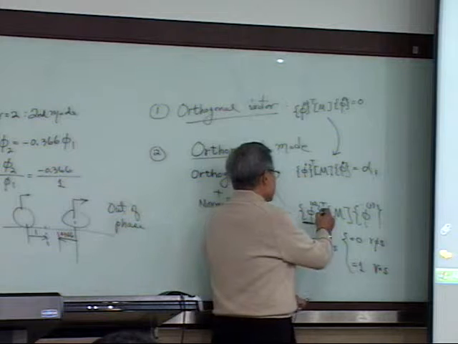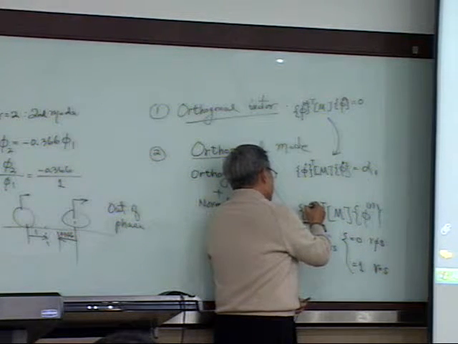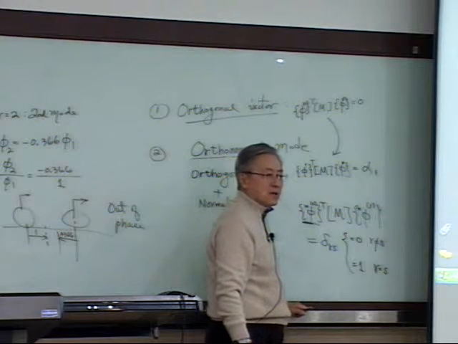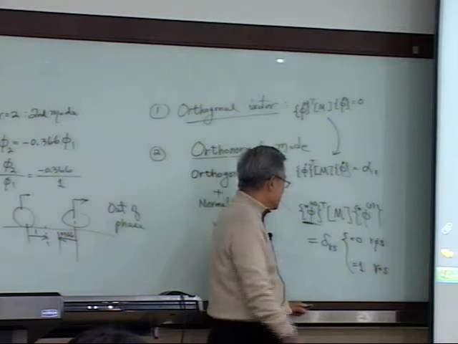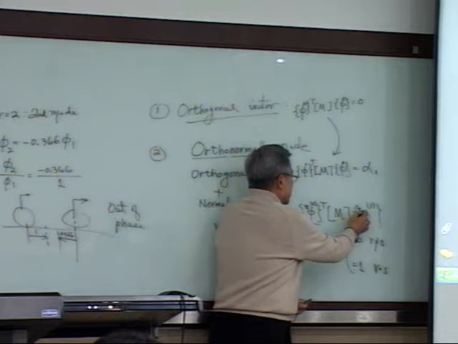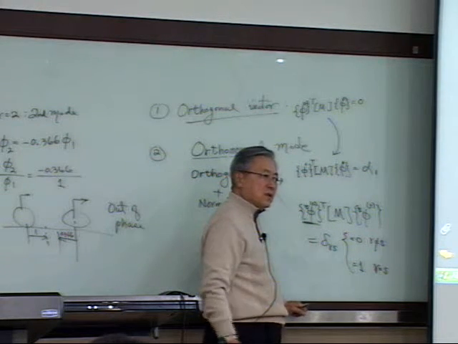In this case, to distinguish the notation, I usually put N here, which means normalized orthogonal vector. So just put the N superscript on the left, saying that phi is normalized.